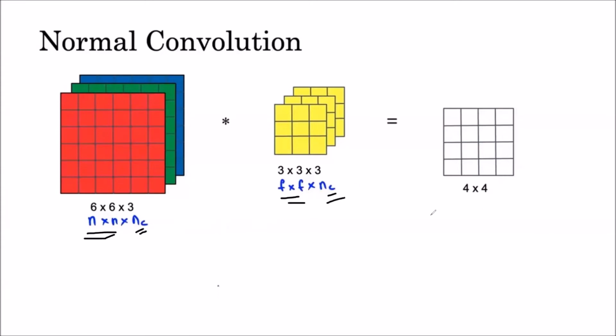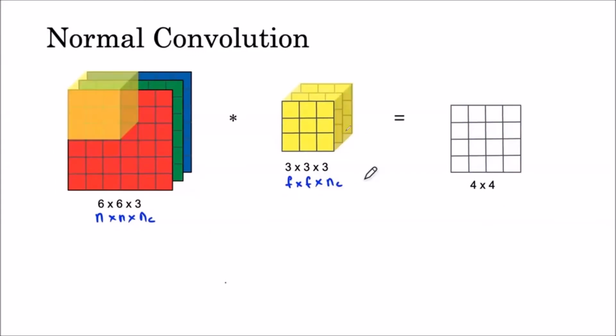Then the output size will be (n plus 2p minus f) divided by s, plus 1, where p is the padding, f is the filter size, and s is the stride. This we already discussed. For example, we take this block for the convolution, and when we multiply the 3 channels of the input values with the 3 channels of the filter, we get one value.